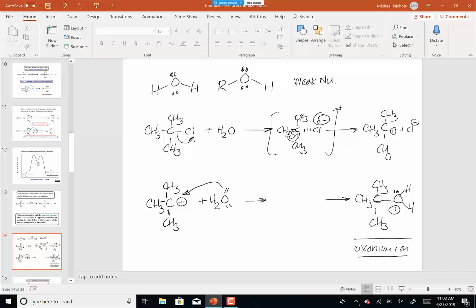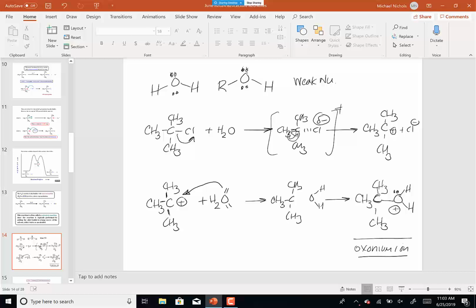Is the oxygen happy? Well, let's come back to the happiness of the oxygen. What's the transition state look like? Did I form a bond? Well, in the transition state, I'm forming a bond, right?